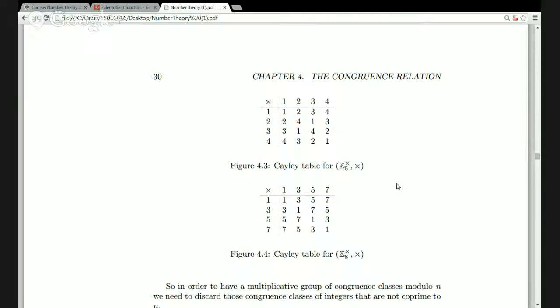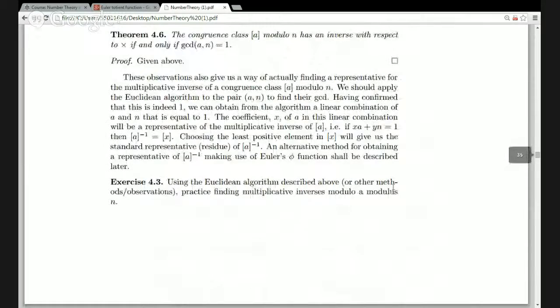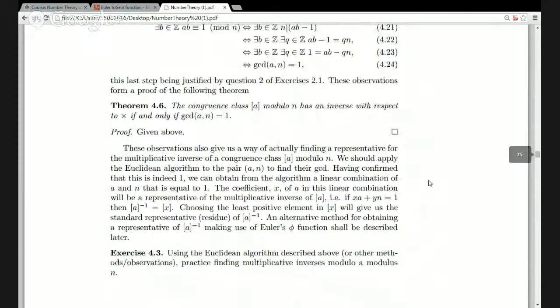because of this question of when elements have inverses. And we proved this lemma, where was it? It was just on the previous page. We proved this theorem, which said that an element, by an element we mean a congruence class of an integer a modulo n, only has an inverse when that integer a is coprime to n, coprime to the modulus.